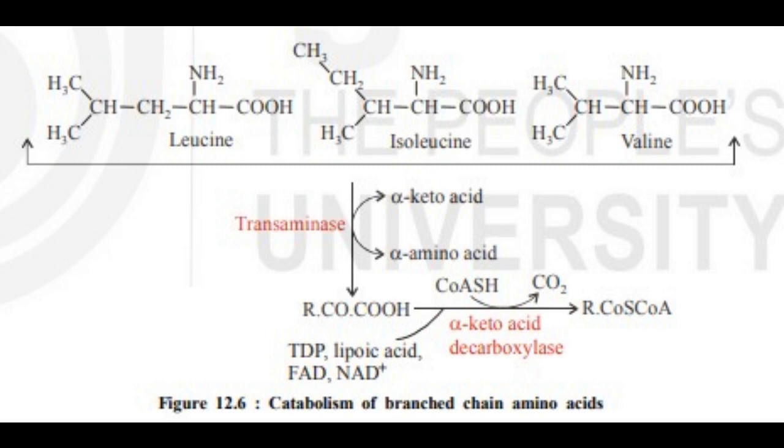In addition, the branched-chain amino acids also accumulate in blood. As all the three branched-chain amino acids are excreted, it suggests that one enzyme complex is involved in the decarboxylation step. Figure 12.6, catabolism of branched-chain amino acids.